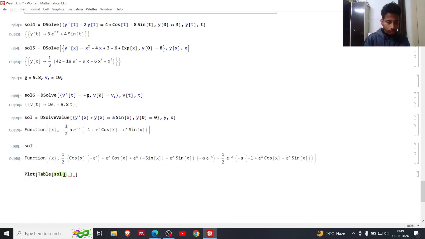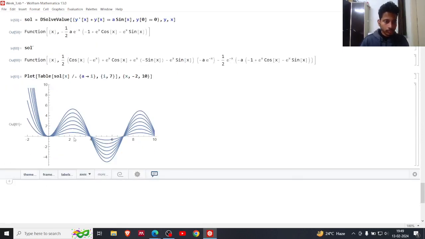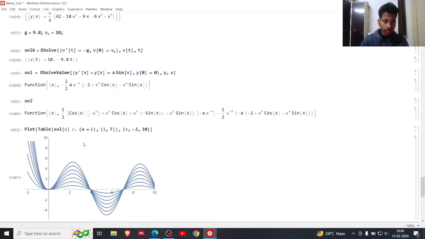Plot the table sol x and this is the solution for different values of a.